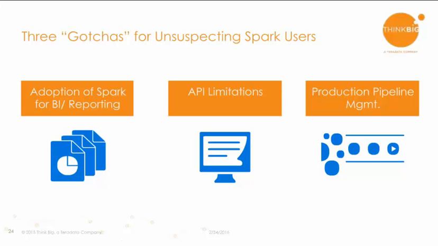So even though that component is available, the JDBC, ODBC server for Spark SQL, tread very carefully if you're going to use that for enterprise usage. And it certainly will not be your go-to tool for interactive BI. For interactive BI, you want to leverage other more mature tools like Teradata or the SQL on Hadoop options like Impala and Presto and so on.